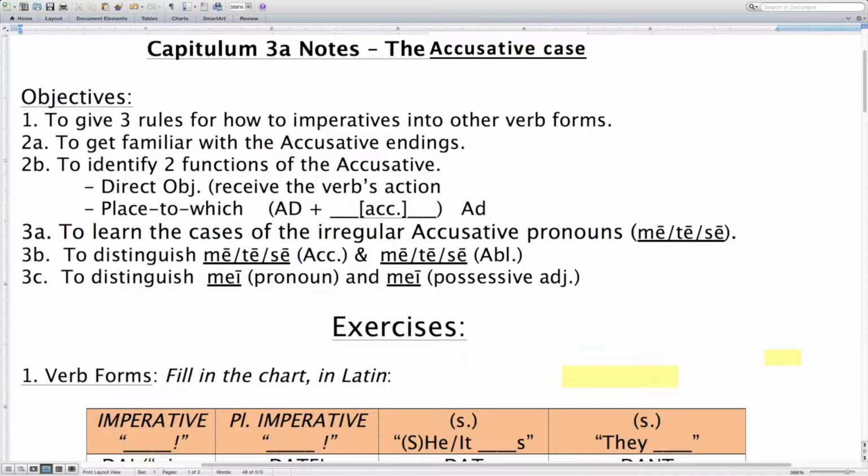So ad Romam would be to or toward Rome, for example. Or ad me would be to or toward me. Any of those would work. So anytime you have an accusative, you can slip ad in front of it, and that tells where something is going to, and that function is called accusative of place to which. So you've got 2 functions of the accusative.